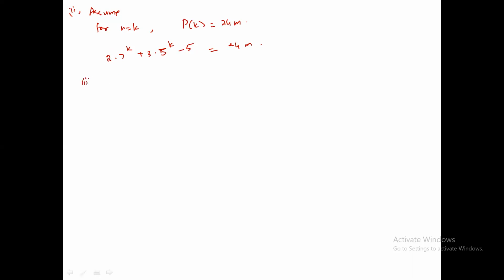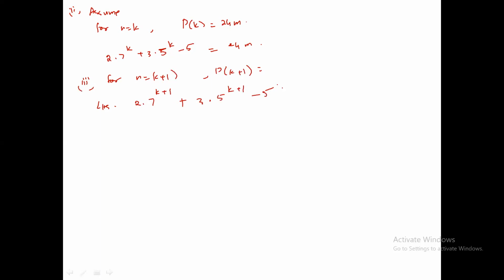Now the third part, we have to prove for n equal to k plus 1, P of k plus 1. So left hand side 2 into 7 power, in place of n I have k plus 1, plus 3 into 5 power k plus 1 minus 5.